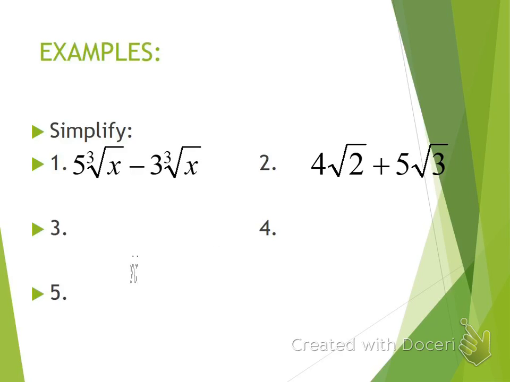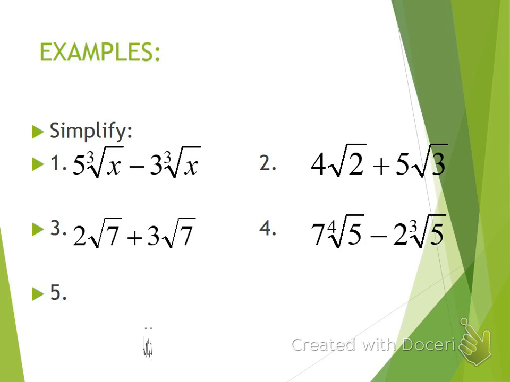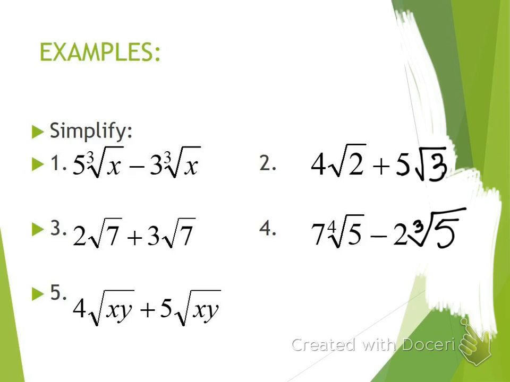All right, so let's work on simplifying some of these if we can. In order to add or subtract, you have to have the same index, the same radicand. On number 1, do we have the same index on our radicals? Yes, they're both cube roots. Same index. Do we have the same thing underneath the radical?